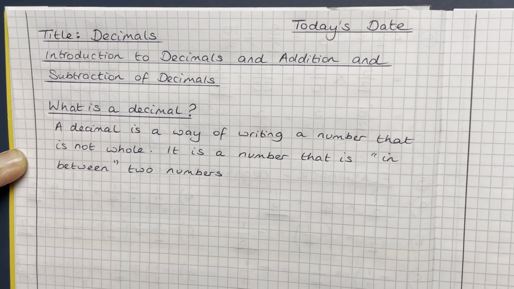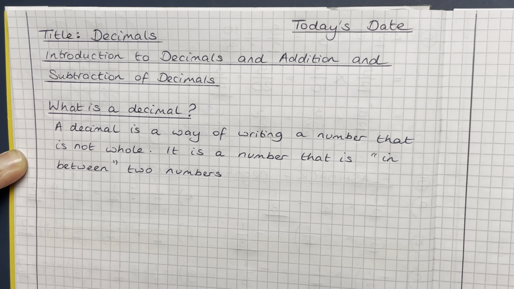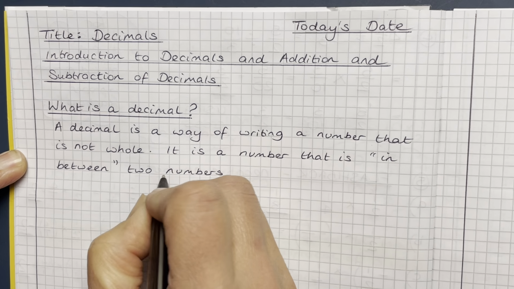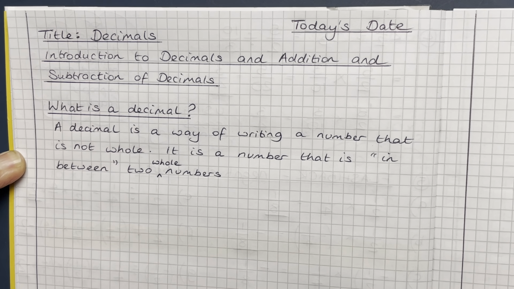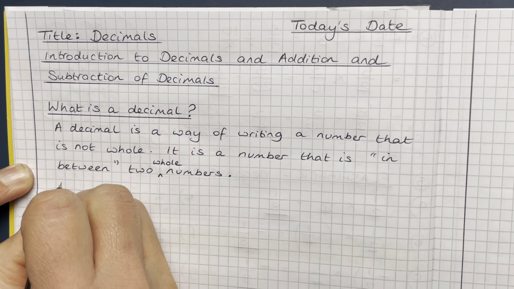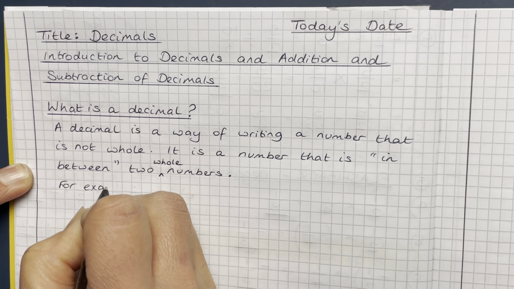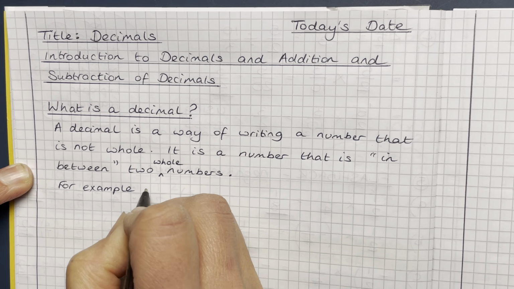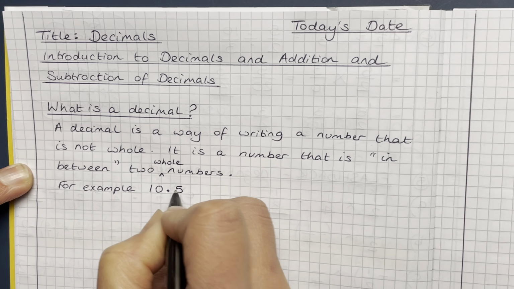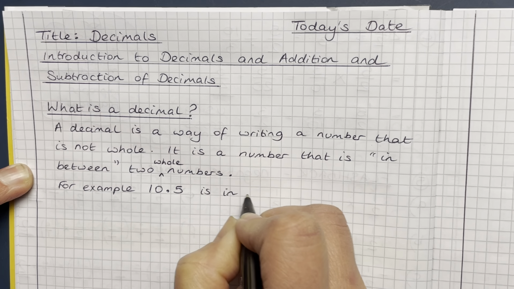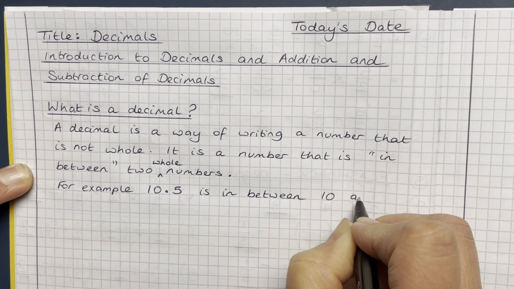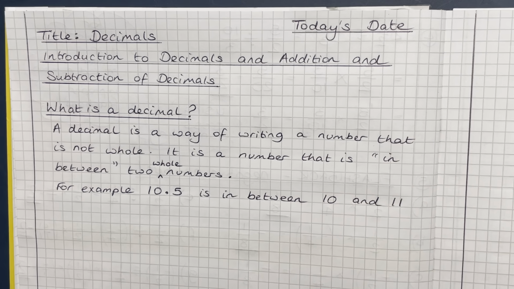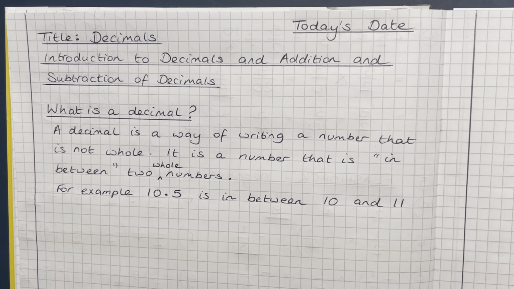I'll say that again. It's a number that is in between two whole numbers. Okay. For example, 10.5 is in between 10 and 11. Okay. First key point of the day.